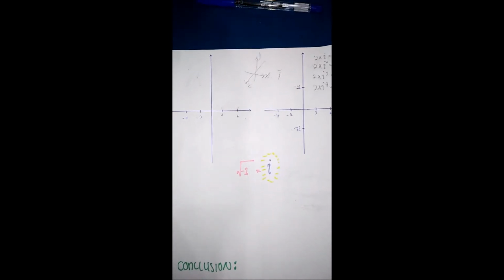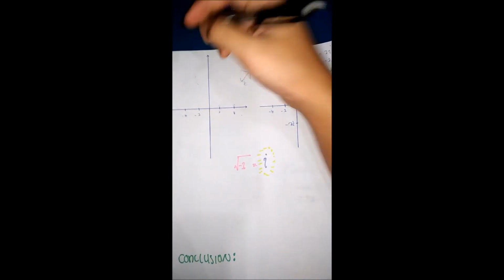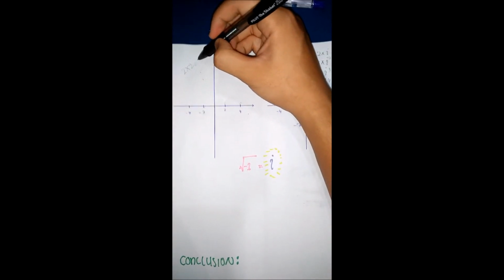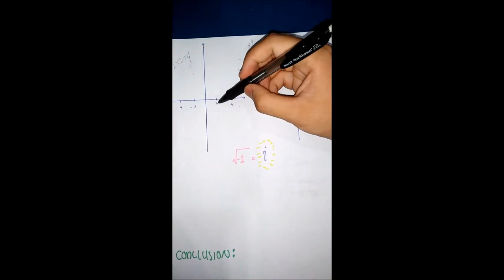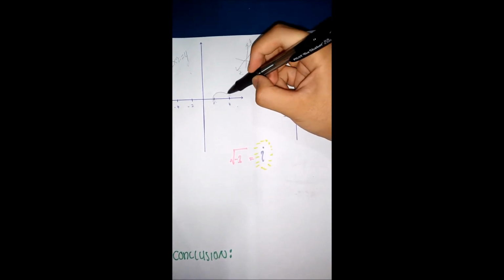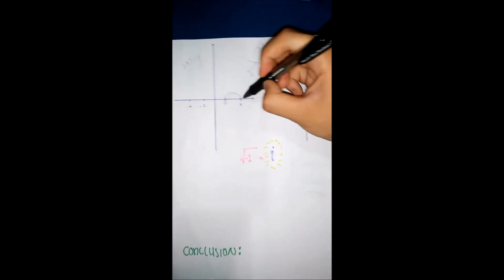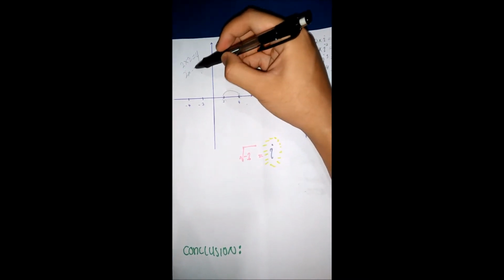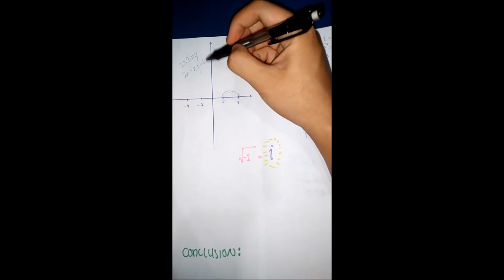To explain it through a diagram: if I have 2 times 2, which is equal to 4, it's like 2 multiplied by 2 gives you 4. But if I multiply 2 by negative 2, it will give you negative 4.